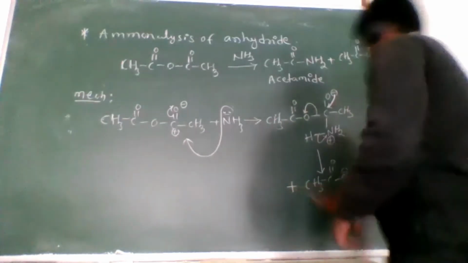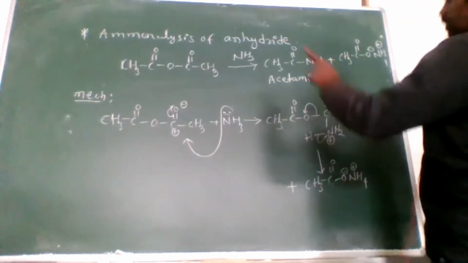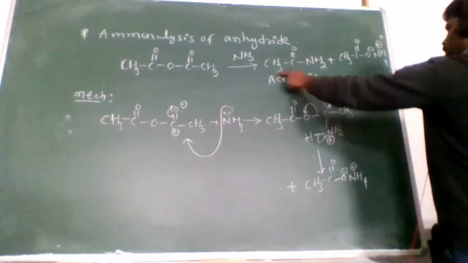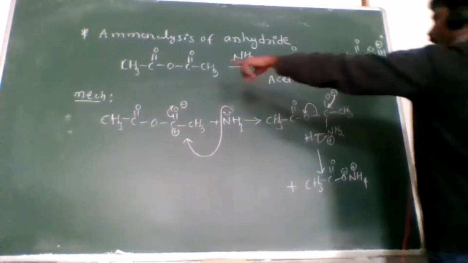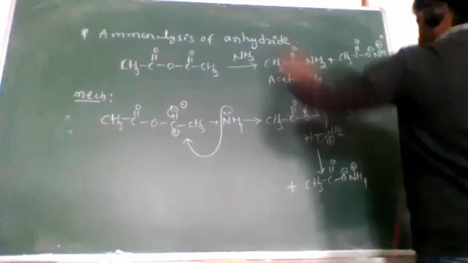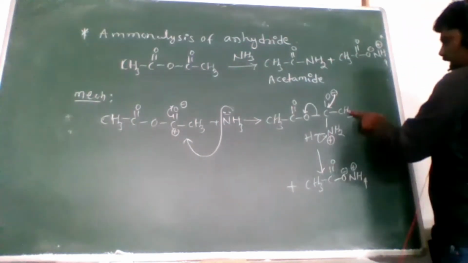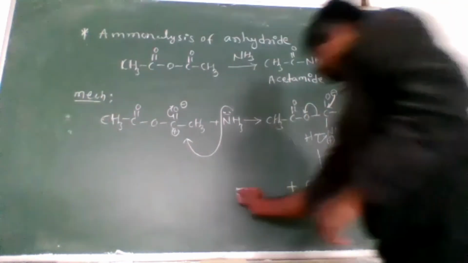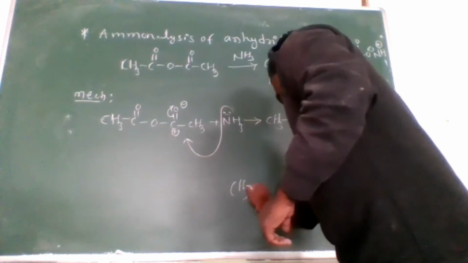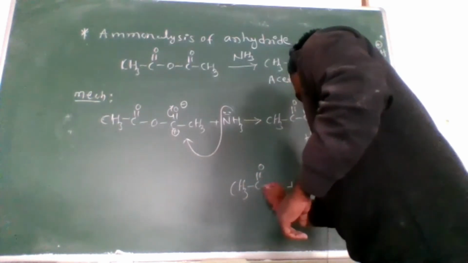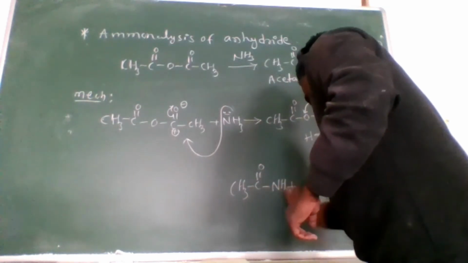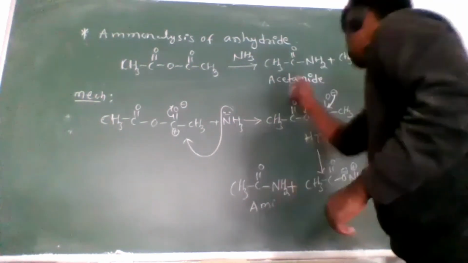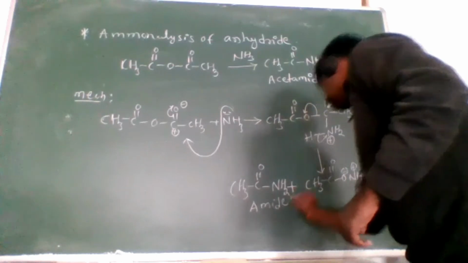The first component we get from ammonolysis of anhydride is acetamide, meaning amides are obtained from the anhydride on ammonolysis. So look at there, CH3 C double bond O NH2. So I write here CH3 C double bond O NH2. This is the amide. That name is already written there, amide.